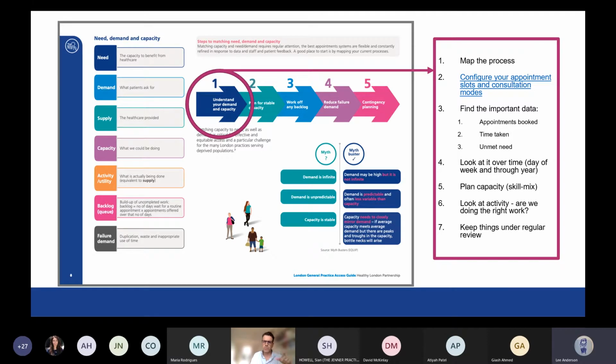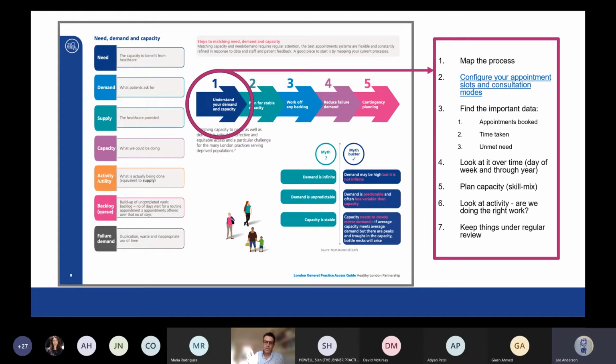Giash, who's talking after me, will talk about the appointment slots and configurations, but it's also really critical that you're using consistent consultation modes. So when you're entering a consultation into EMIS or whatever system you're using, make sure that as a team you're using the same consultation codes.